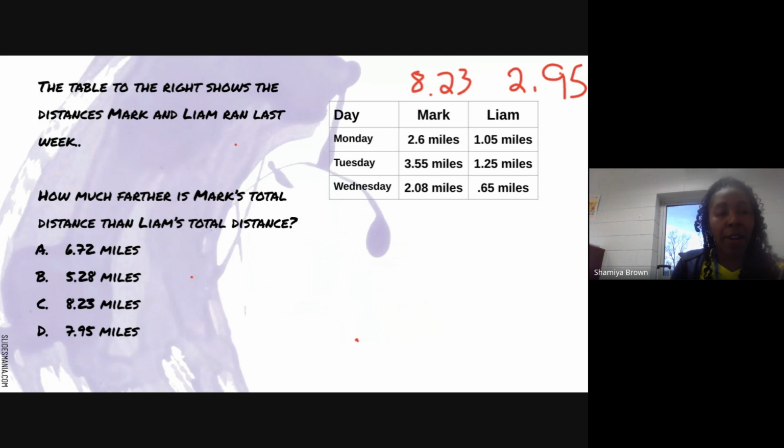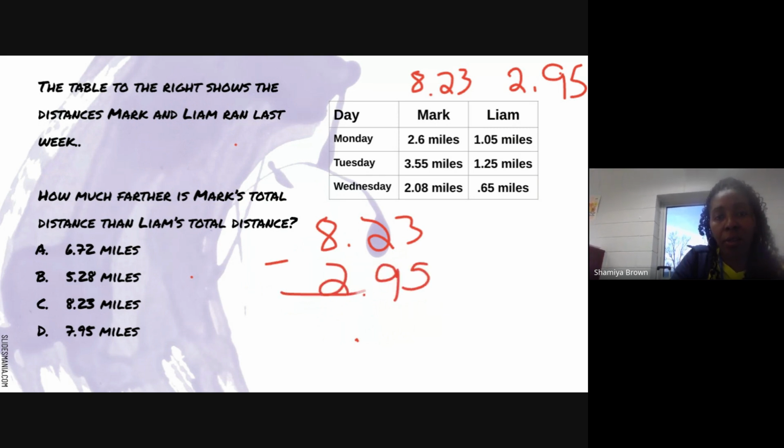To find that out, I need to subtract the amount that Liam ran from the amount that Mark ran to see what the difference is. That will tell me how much further Mark's distance was than Liam's distance. So I have 8 and 23 hundredths minus 2 and 95 hundredths.